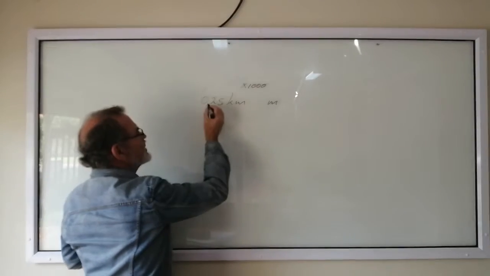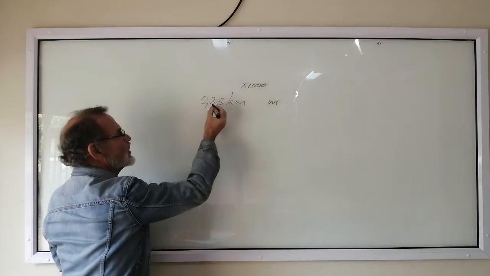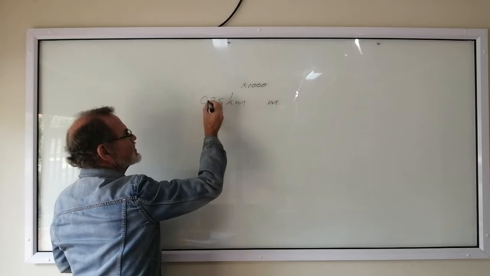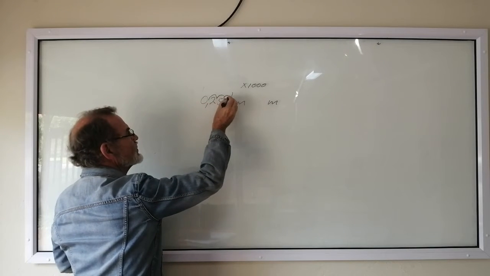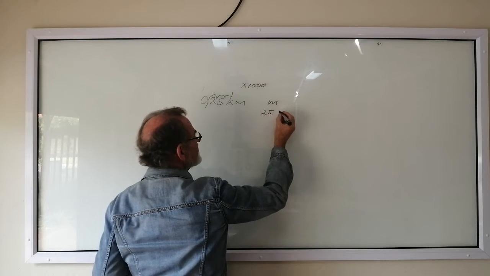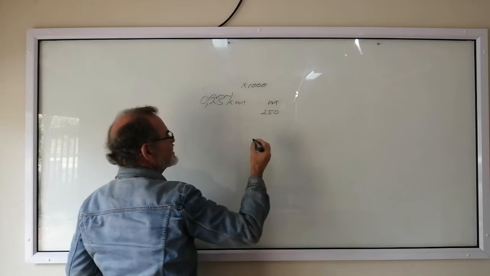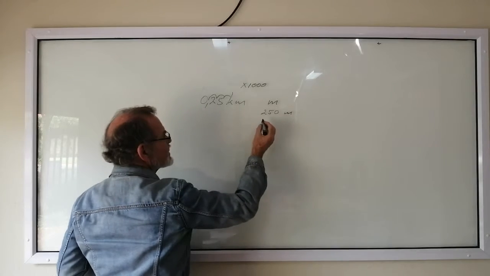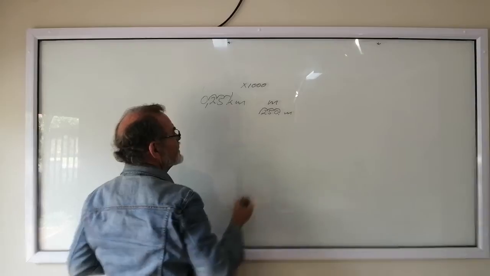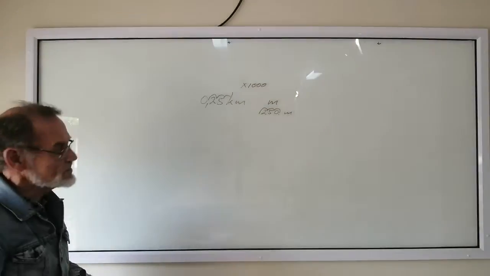So 1,000, you've got to move the decimal point 3 positions, because there's 3 zeros in 1,000. 1, 2, 3. So therefore it is 250 meters. Okay, the decimal point was here and it went 1, 2, 3. That's how you multiply by 1,000.